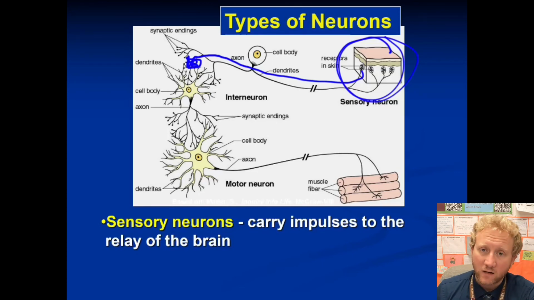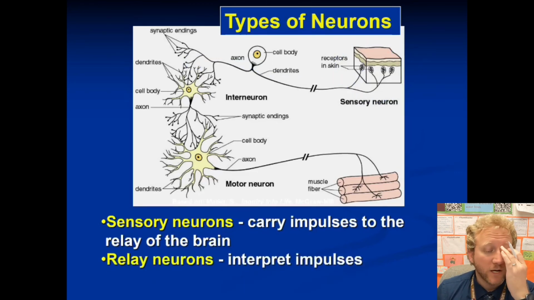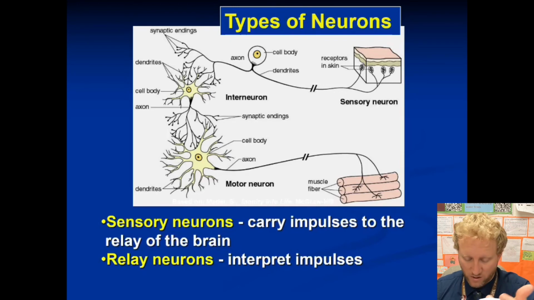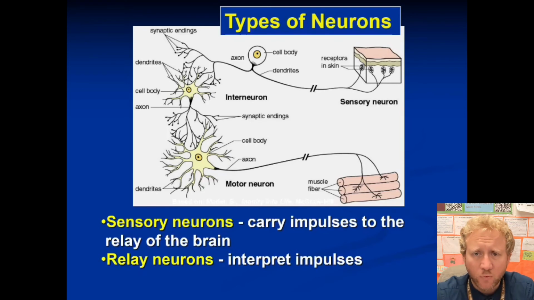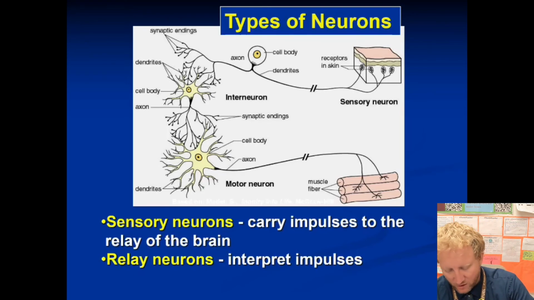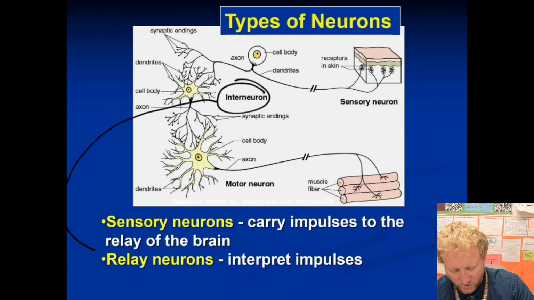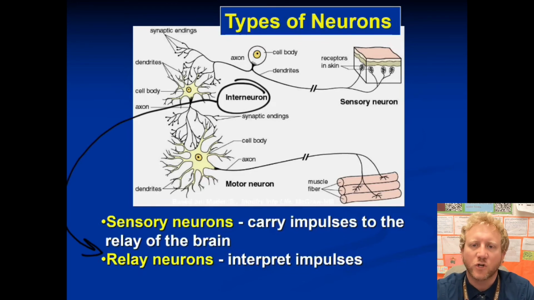Once in the brain, the information is going to be carried by relay neurons, also known as interneurons. So here's your interneuron. Those are known as your relay neurons. Those are the ones that are inside your brain. They're sending information from nerve cell to nerve cell, brain cell to brain cell, as you're processing information.